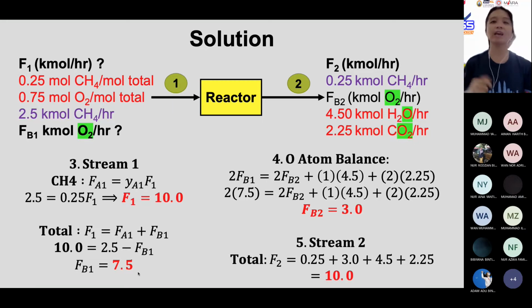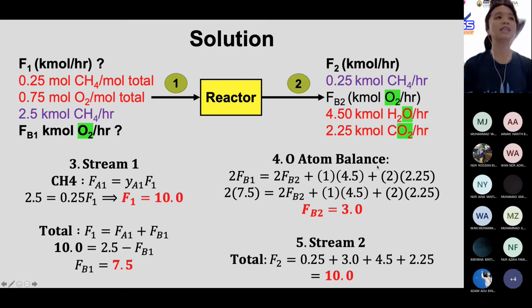So 2 times 7.5. So erti kata lain, nak senangkan kamu, 7.5 tu adalah molekul O2. Tapi berapa sebenarnya molar flow rate atom oksigen? 2 kali 7.5, 15. Ada 15 atom oksigen dalam 7.5 molekul oksigen. Okay, so 2 times 7.5 inlet.